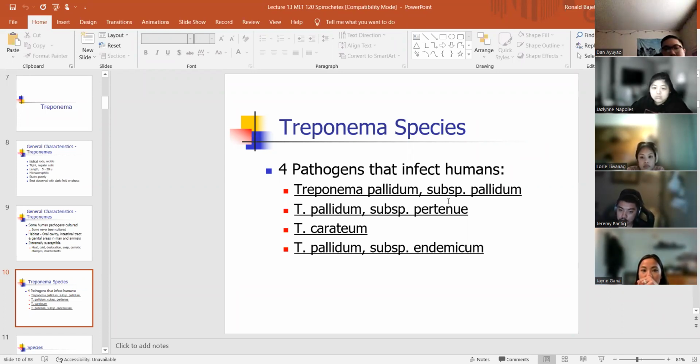When I learned the treponemes in college, my professor always said Yaws, Pinta, and Bejel. So pertenue causes Yaws, carateum causes Pinta, and endemicum causes Bejel.